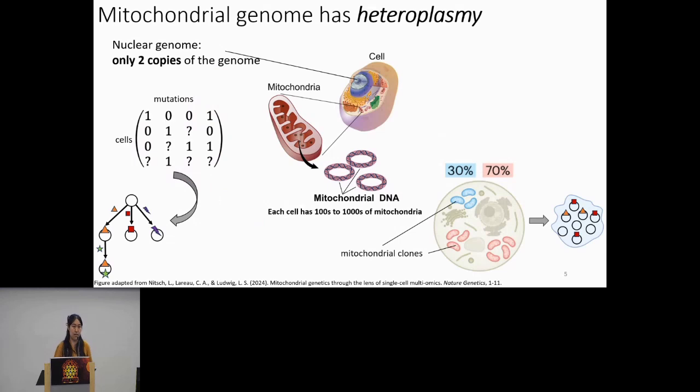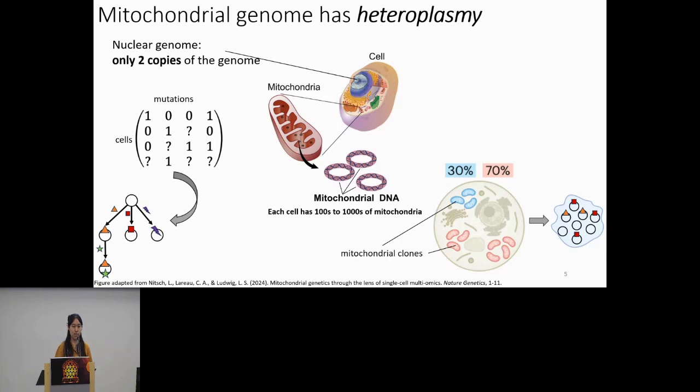However, mitochondrial mutations have their own unique set of features that we must pay attention to. Specifically, the mitochondrial genome has this phenomenon called heteroplasmy. Unlike the nuclear genome, where there are only 2 copies, being a pair of chromosomes, each cell has hundreds to thousands of mitochondria in them, and those mitochondrial genomes in every cell are not always homogeneous.